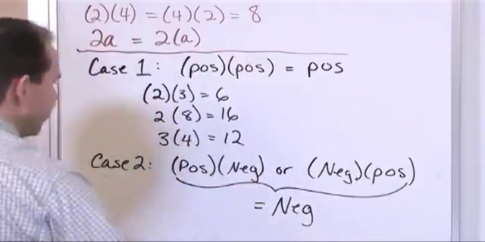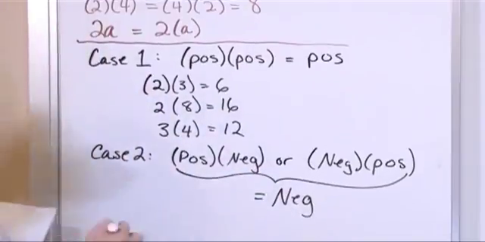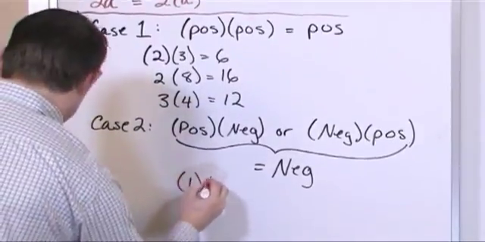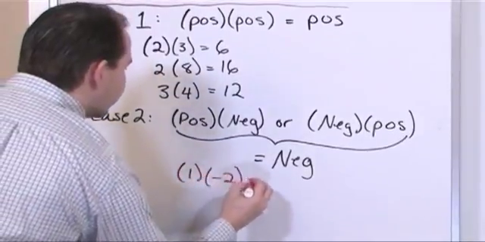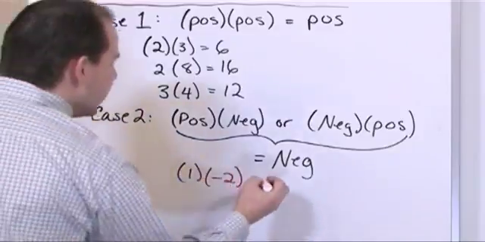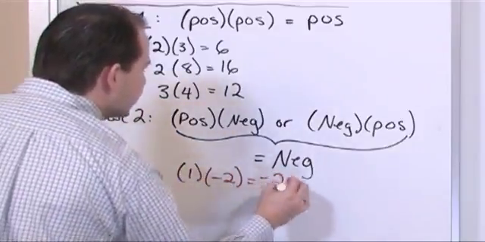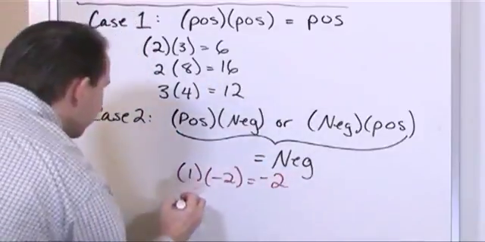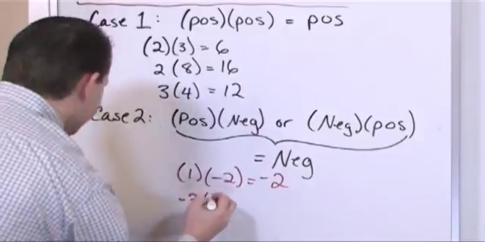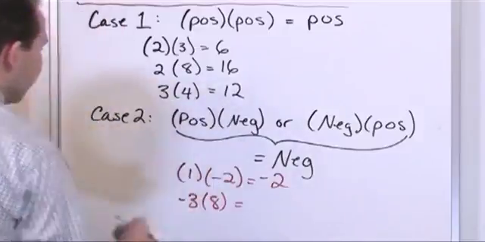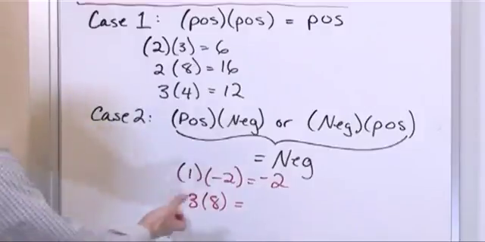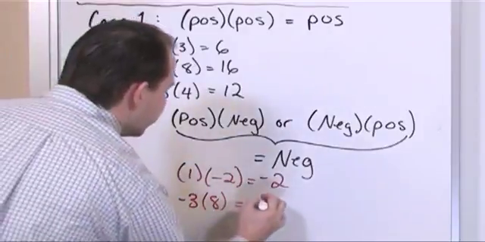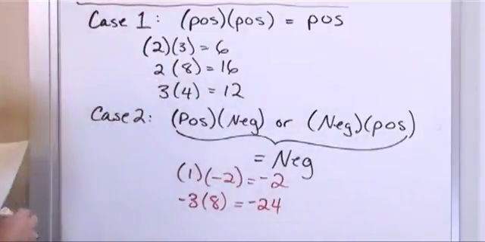So as an example, let's say you had 1 times negative 2. Well, 1 times 2 is 2, but since they're different signs, you just put negative 2. Negative 3 times 8. Well, 8 times 3 is 24, but since the signs are different, then you put negative 24, right?